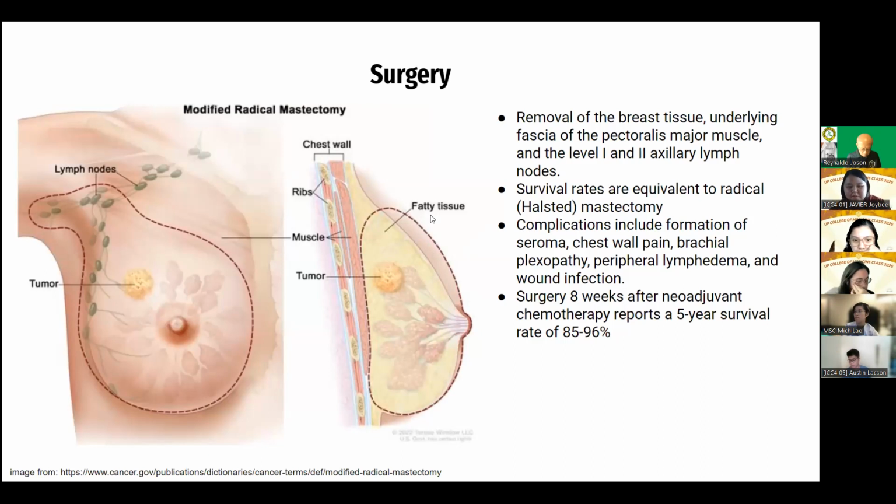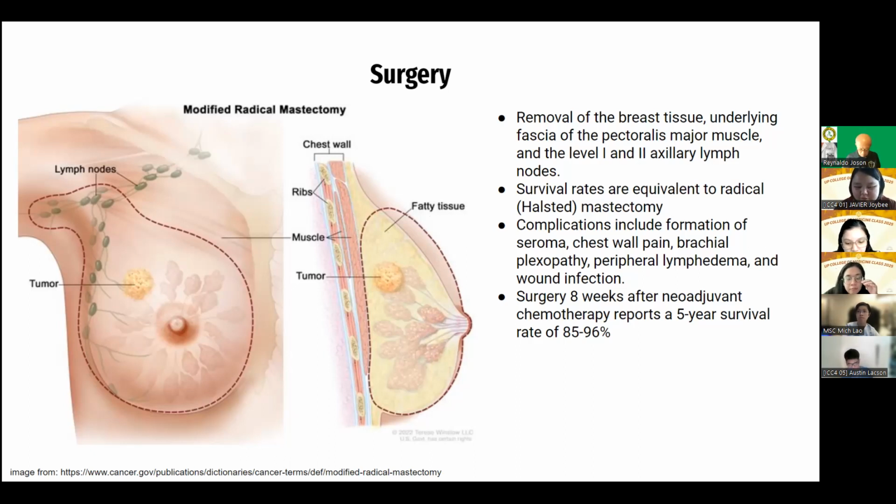So T4, to reiterate lang po, is when the tumor extends past the skin and there is invasion of the chest wall. And N1 for the patient is metastasis to the ipsilateral axillary lymph nodes, which in the second TNM staging po, post-chemotherapy, naging N0, so no lymph node metastasis was detected na po. Then no distant metastasis, M0, for the patient.